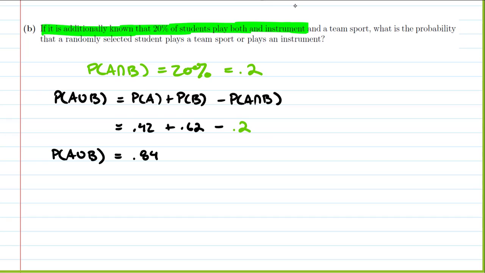So then this tells us that the probability of a randomly selected student playing a musical instrument or a team sport is 84%.